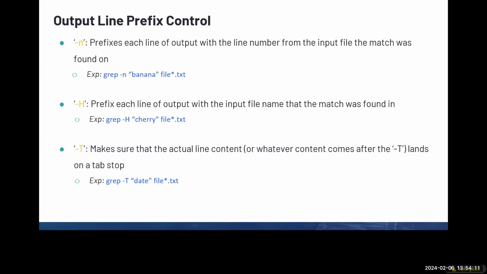Means if we type grep -T date file*.txt, we are looking for the word date in whatever file1, file2, file n. And here in the output, we will make sure that we have a tabulation between the content and the name of the file and the word date.